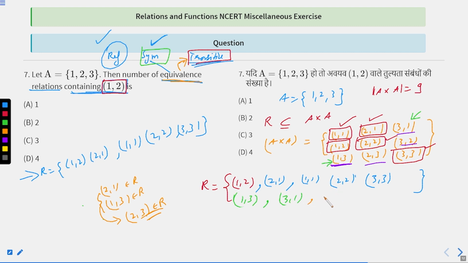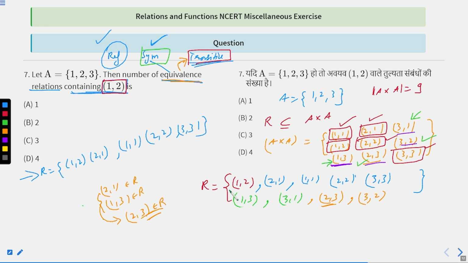No. So I have to write (2,3) also. As soon as I write (2,3), by the symmetric condition I also have to write (3,2).